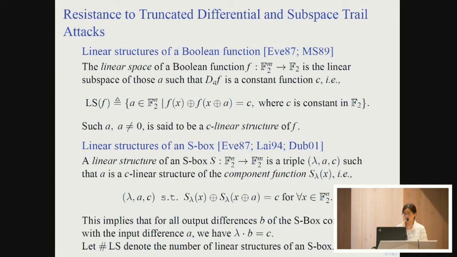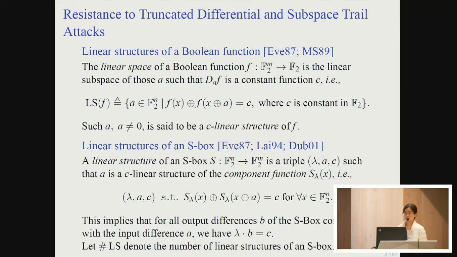And for the resistance to truncated differential and the subspace trail attack, the linear structure of the S-box may be important, because when evaluating the longest subspace trail, if the S-box has a linear structure, we should consider this.